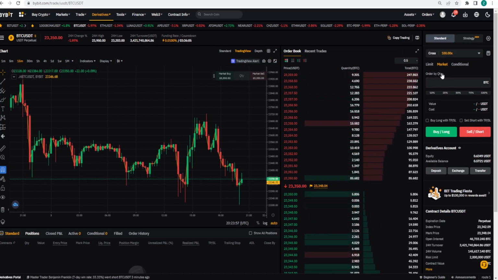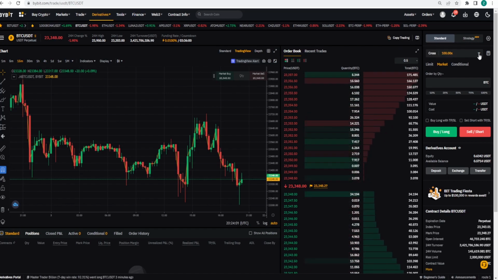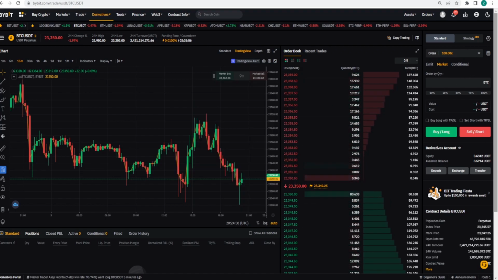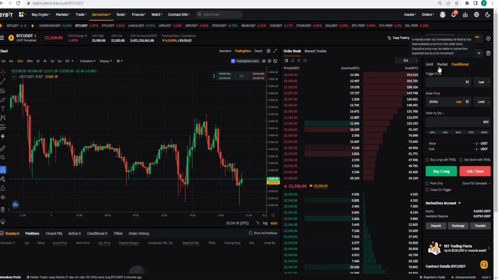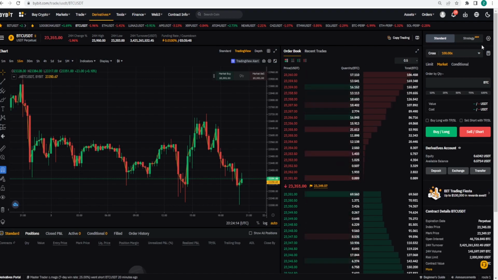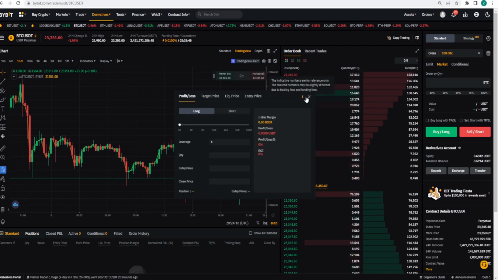There is an option, I think, standard. Well, anyway, they had something like hedge mode, but it seems to have changed right now, so I don't see it anymore. But they used to have hedge mode.